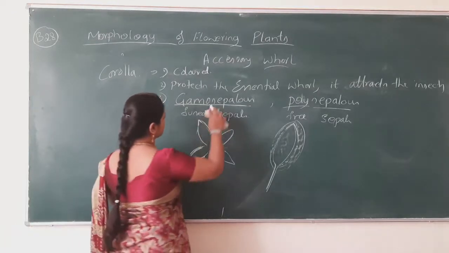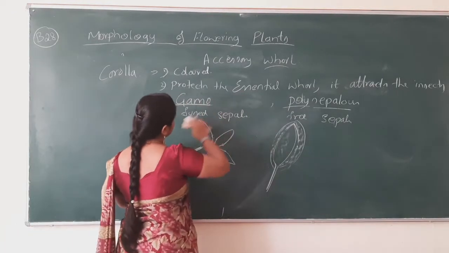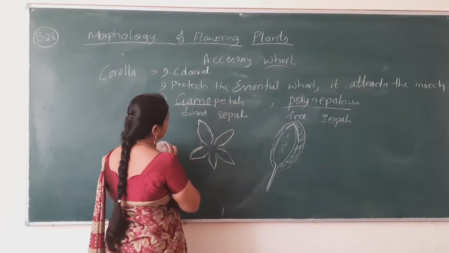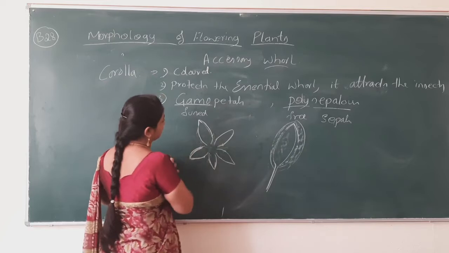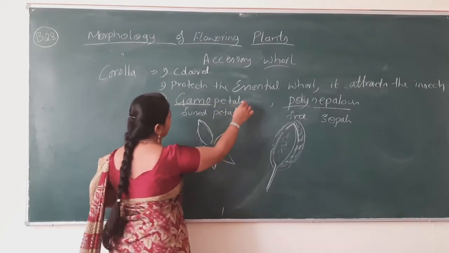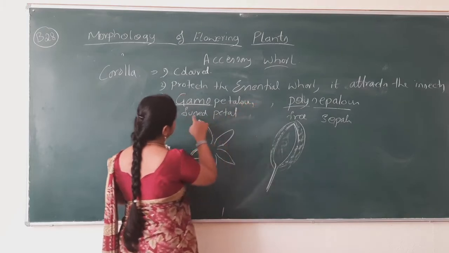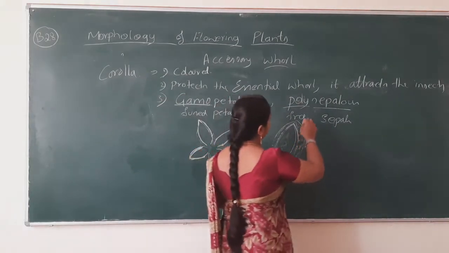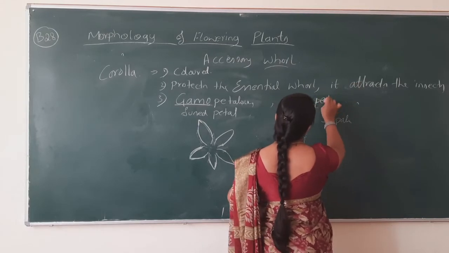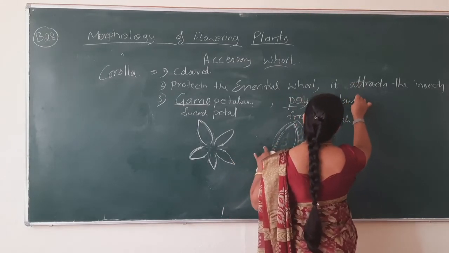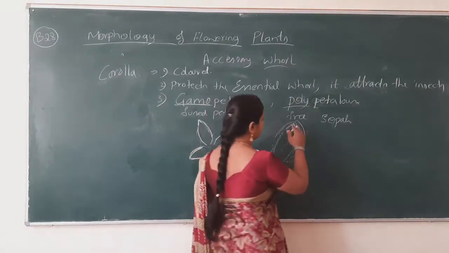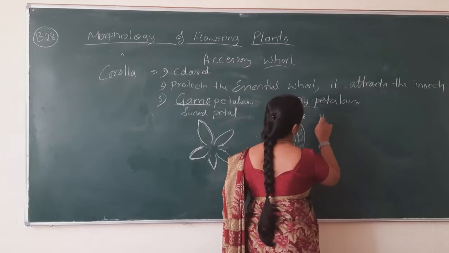And if the petals are fused, that type of condition is known as gamopetalous. Gamo means fused petals, and if the petals are free, that type of arrangement is known as polypetalous. It means free petals.